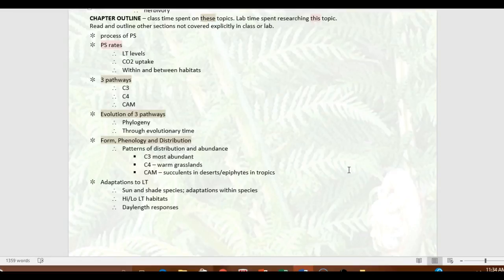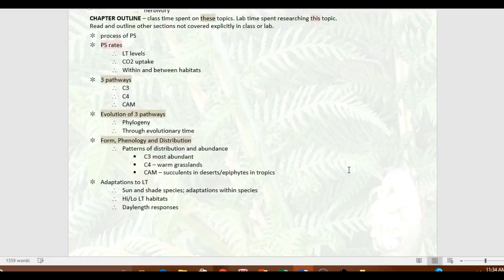However, other pigments might pick up something like yellow or orange light and use that as accessory pigments. Okay? So light can be thought of in terms of the distance between the waves, wavelength.